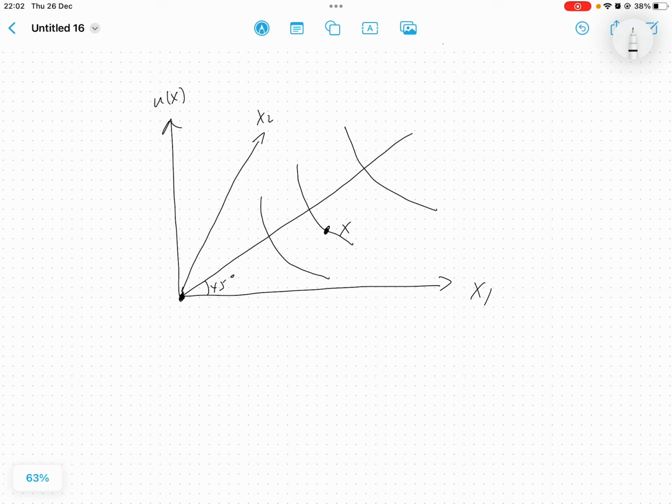Those are what we get when we cut from the vertical dimension of u(x), and those projections are exactly the graphs, the figures that we see in the above two pictures.